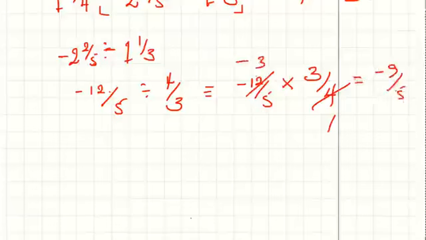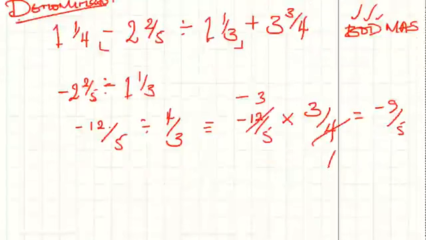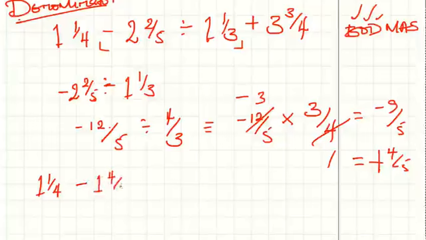Negative 9 over 5. Implying that our denominator now will be equal to 1 and a quarter minus, what is this one? This is into a mixed fraction. It will be equal to negative 1 and 4 over 5, so negative 1 and 4 over 5 plus 3 and 3/4.